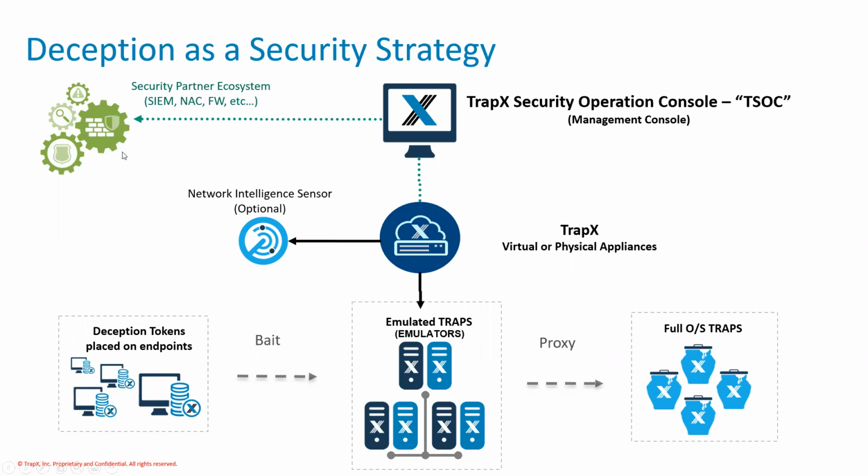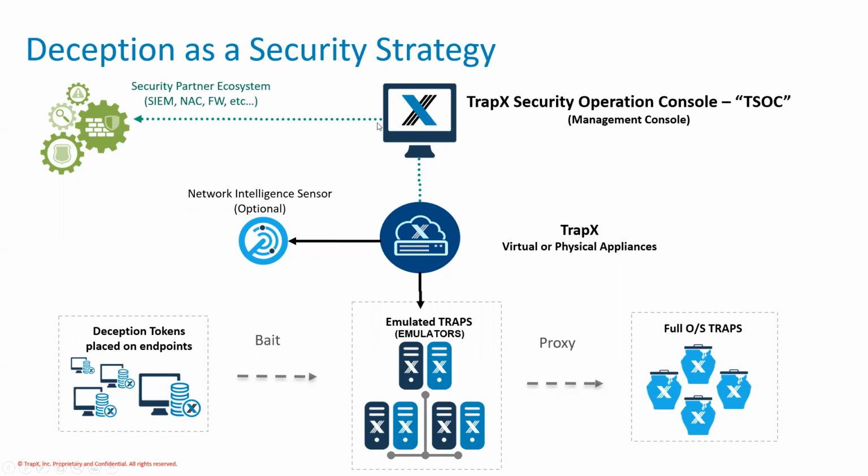We also have a very strong integration with the security architecture of the customer's environment. Here we have out-of-the-box plugins to common platforms such as SIEM, network access control, firewalls, and sandboxes, and also the ability to use an API for third-party interaction with systems that are not built into the product by default.